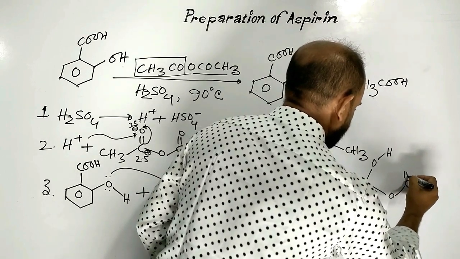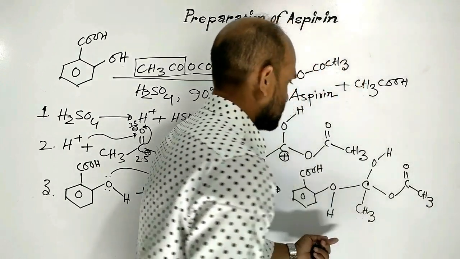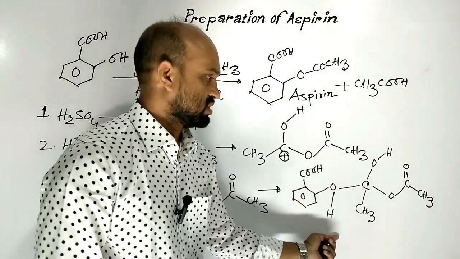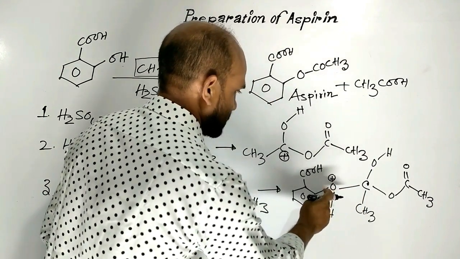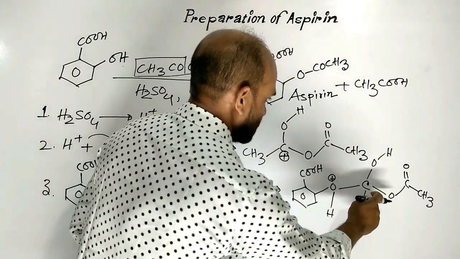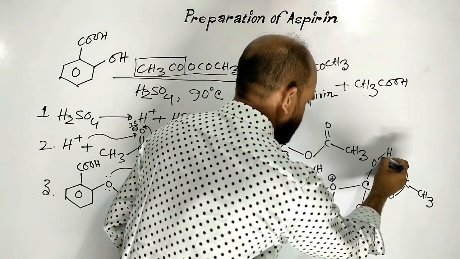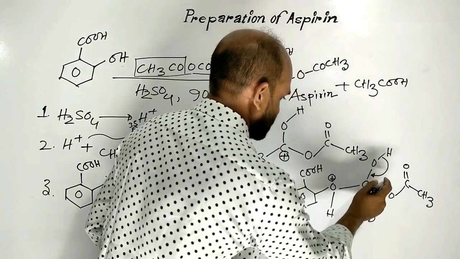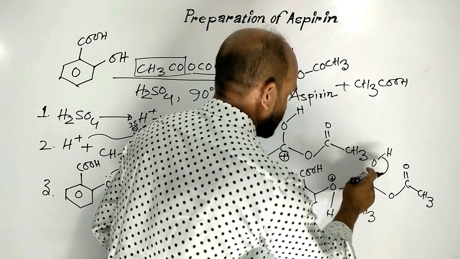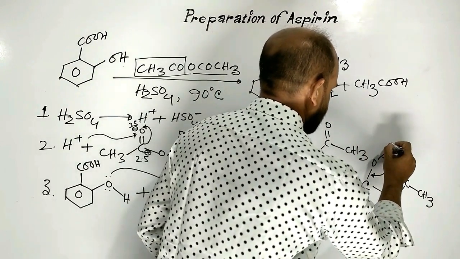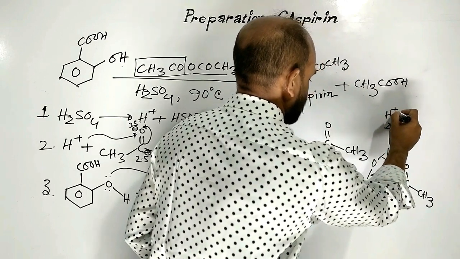Oxygen, CH3. In this entity, this oxygen is negatively charged. Here, this covalent bond shifts to this bond. Carbon oxygen single bond turns into carbon oxygen double bond, and this hydrogen gets freed as proton.